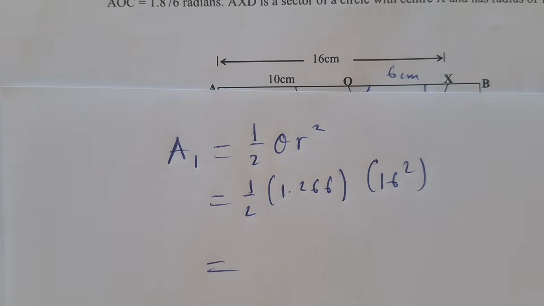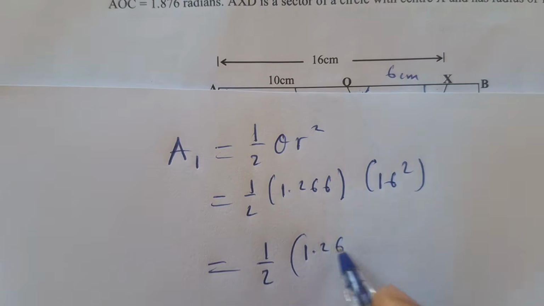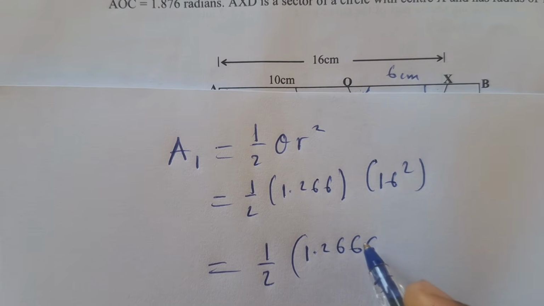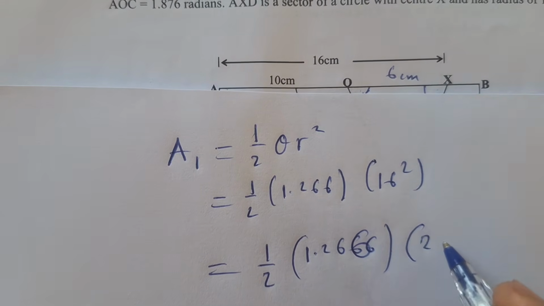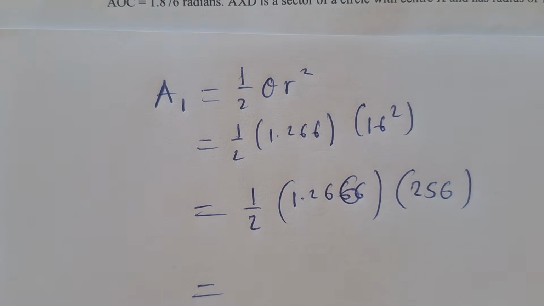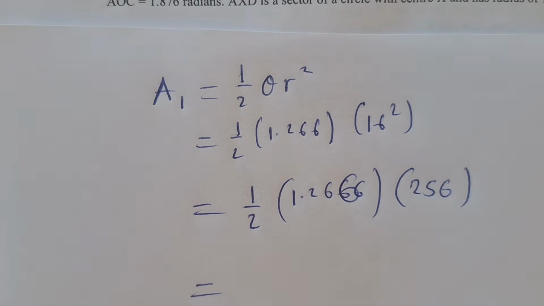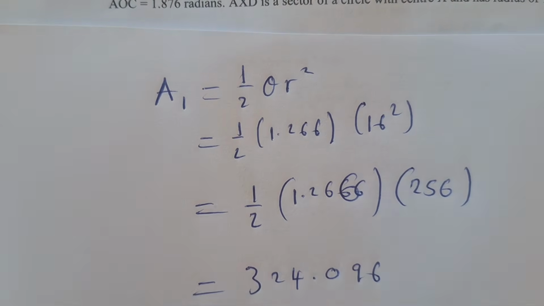We do our calculations, okay? So this will be 1 over 2 times 1.266 multiplied by 16 squared, which is 256. So we multiply further. 1.266 times 256, this, of course, is giving us 324.096.